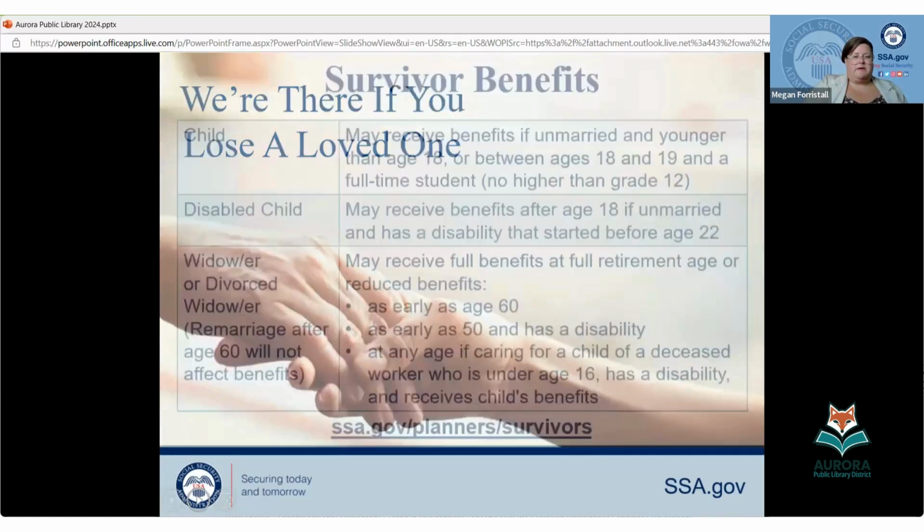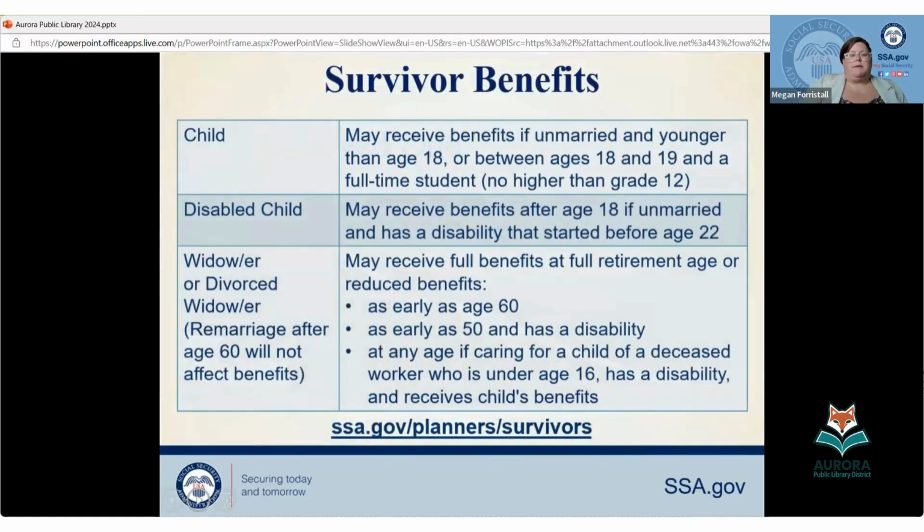Then the final category of money benefits we're going to talk about is survivor's benefits. So rules as far as entitlement for children are the same: under 18, still in high school through age 19, or disabled prior to age 22. But for surviving spouses and for surviving divorced spouses, there are some differences off a survivor's benefit off someone who's passed away versus the benefit off someone who's living.